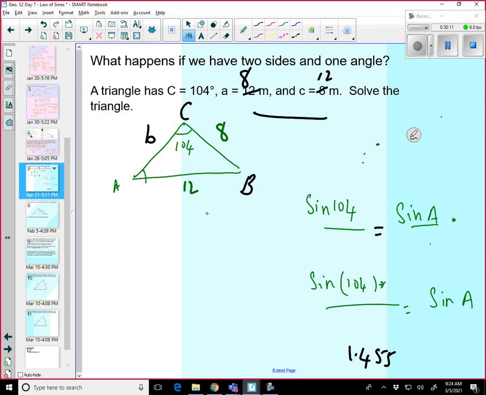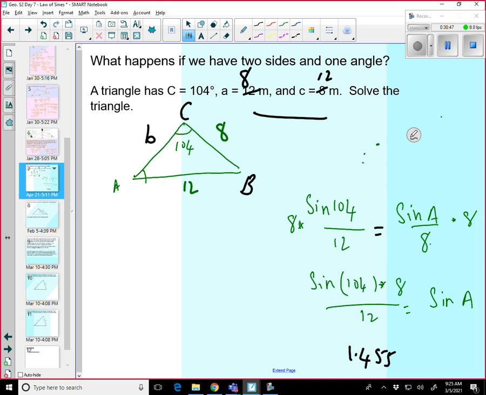We had side c over sine C, which is 12 this time, and side a over sine A. Multiply by 8 on both sides to get this value. So you'll have sine 104 times 8 divided by 12.